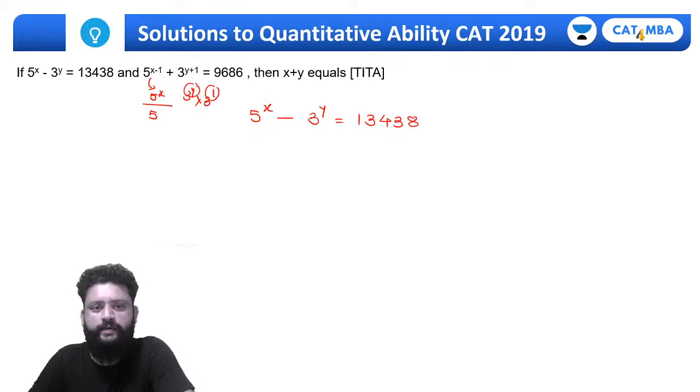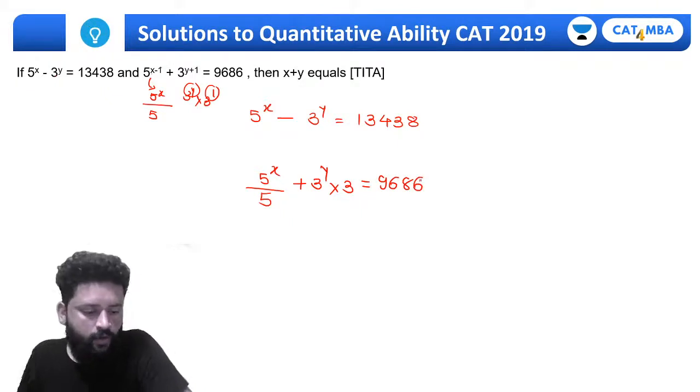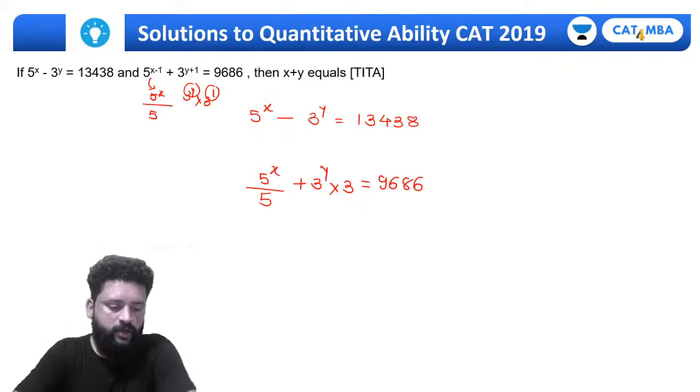This is y plus 1. Okay, so 5 to the power x divided by 5 plus 3 to the power y into 3 is given as 9686.